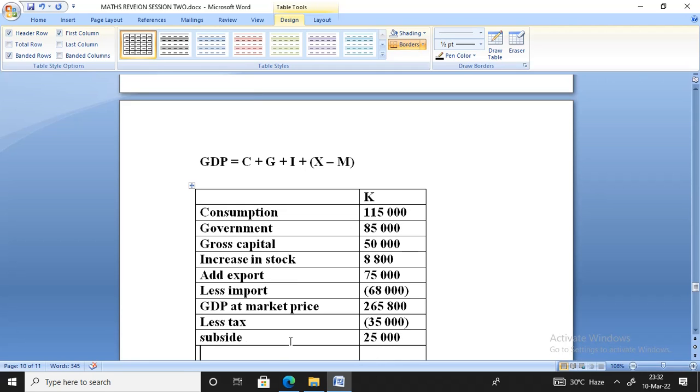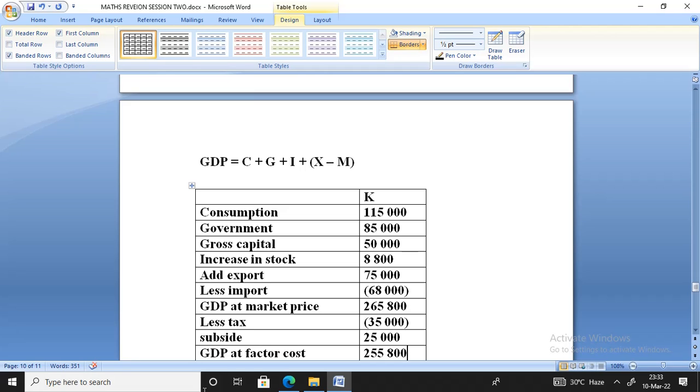So what we get there is the GDP at factor cost, and that GDP should be 255,800. All right, so that's the GDP at factor cost using the expenditure method: consumption expenditure, government expenditure, investment expenditure, and net exports.